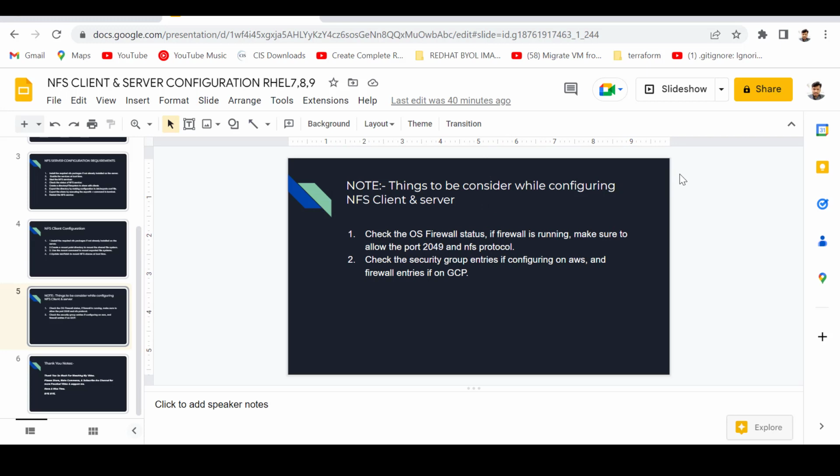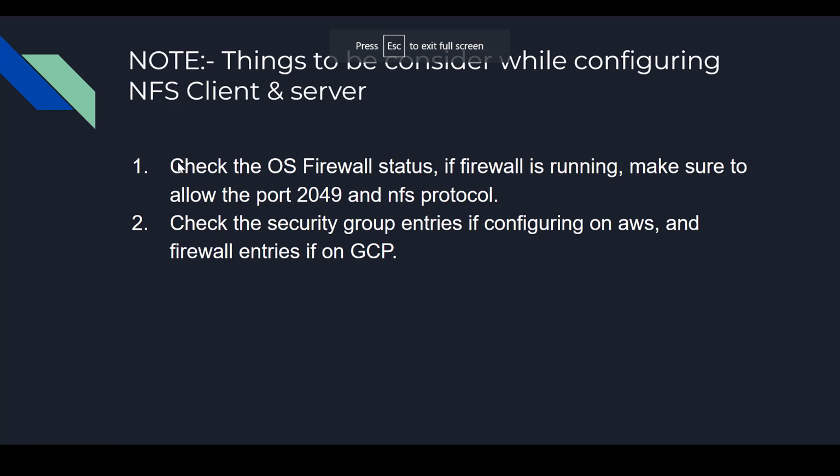Generally what happens is that sometimes while configuring the NFS server and client, we forget to allow the firewall port. So we have to check the firewall status, and if the firewall is running, we have to make sure that port 2049 and the NFS protocol are allowed so we can communicate. As we have seen, we are successfully able to telnet, so we didn't have any OS firewall running.